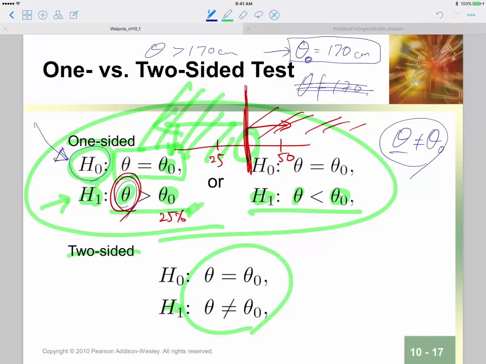If the observed theta, our estimator or statistic, is shown to be 168, even though this value is quite different from theta 0, since this observed value is definitely not greater than 170, we cannot reject this null hypothesis, the enemy's claim. In this case, we call that a one-sided test.